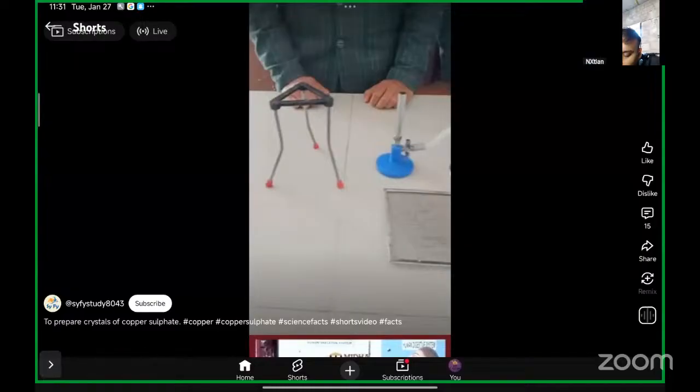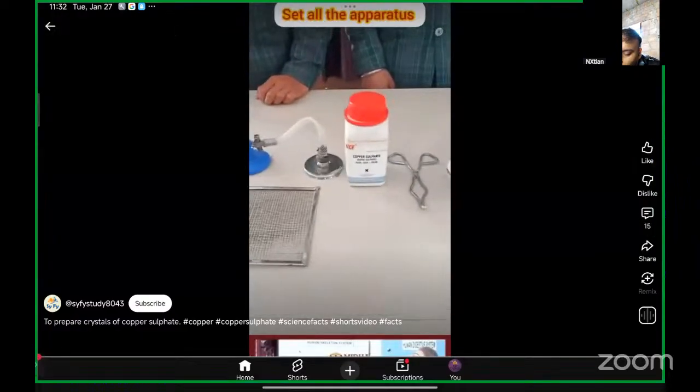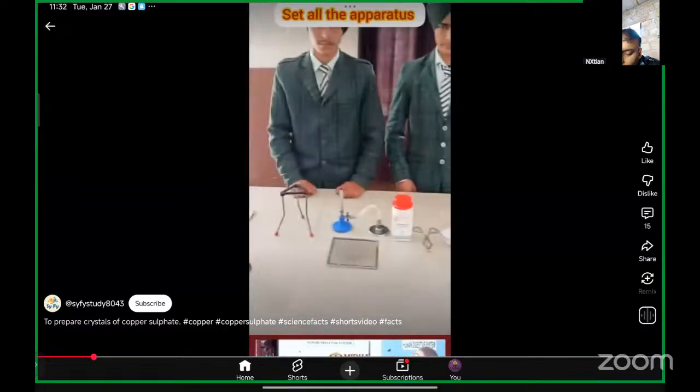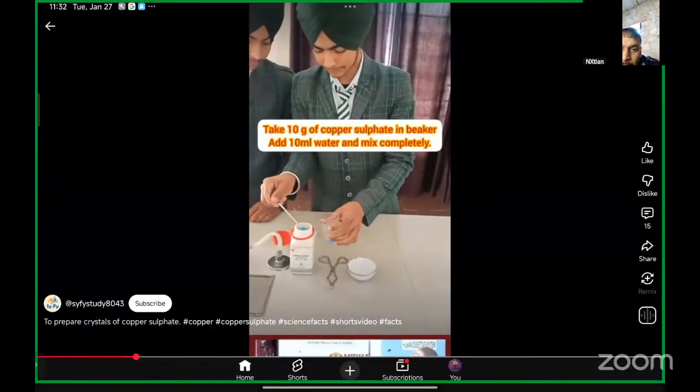So this is the preparation of crystal of copper sulfate. So we will see this. You can see there is some apparatus there. He's adding copper sulfate into it.